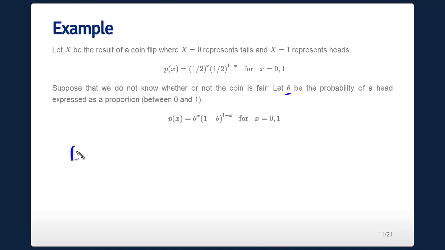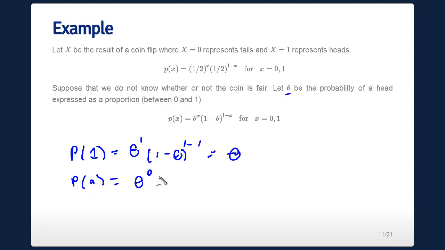Let's write out p of 1, which is theta to the 1, 1 minus theta to the 1 minus 1, which is theta, and p of 0, which is theta to the 0, 1 minus theta to the 1 minus 0, which is 1 minus theta. So it works out that the sum of these two is going to be 1. It's always greater than 0, provided theta is between 0 and 1.